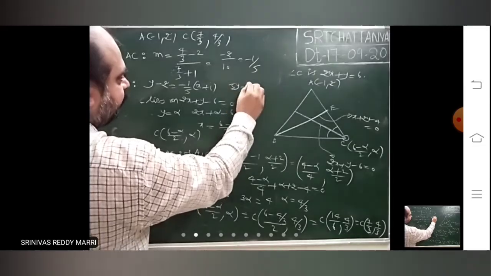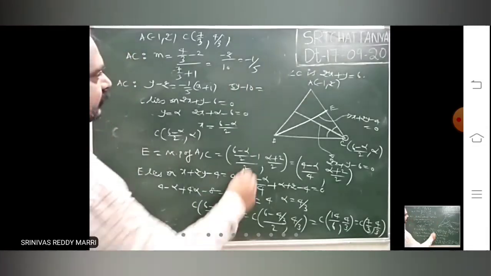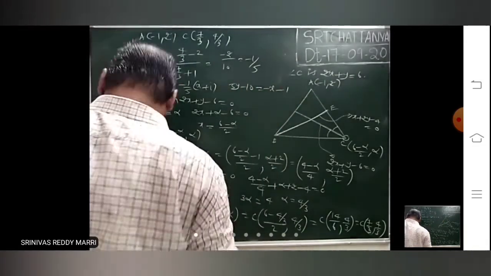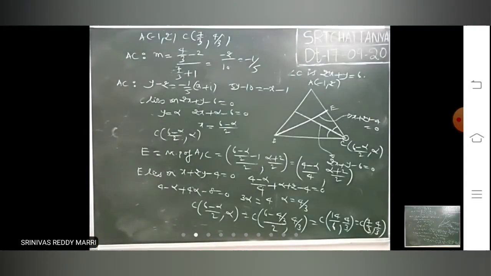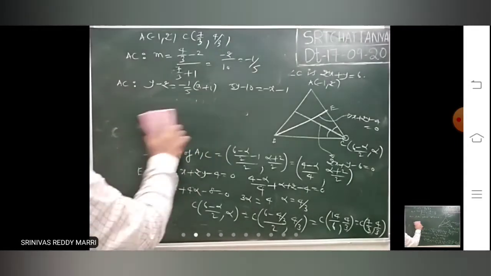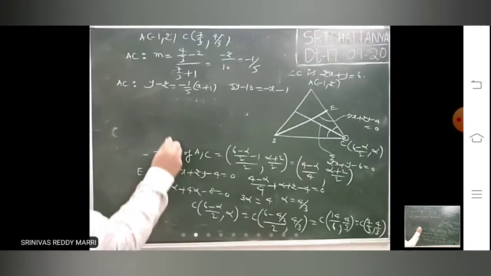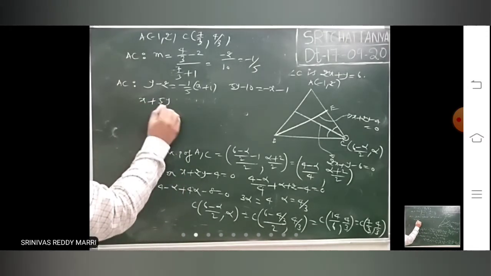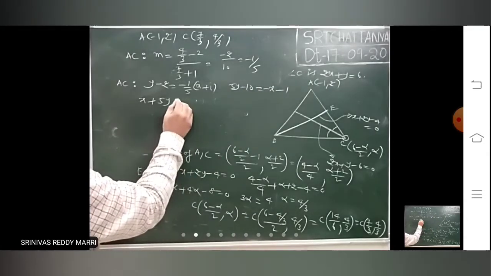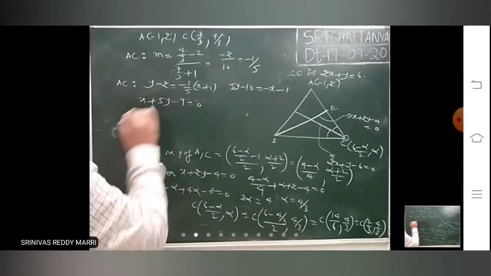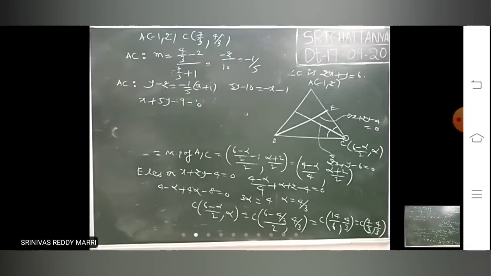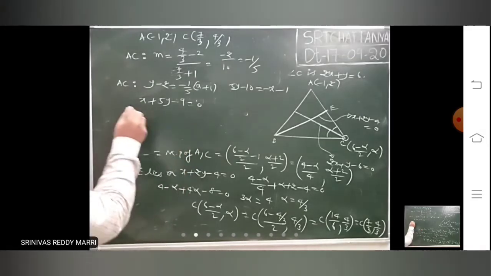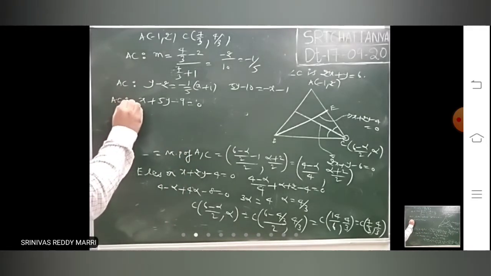That means 5y minus 10 equal to minus x minus 1. So the equation of AC is nothing but x plus 5y minus 9 equal to 0. So this is the equation of AC.